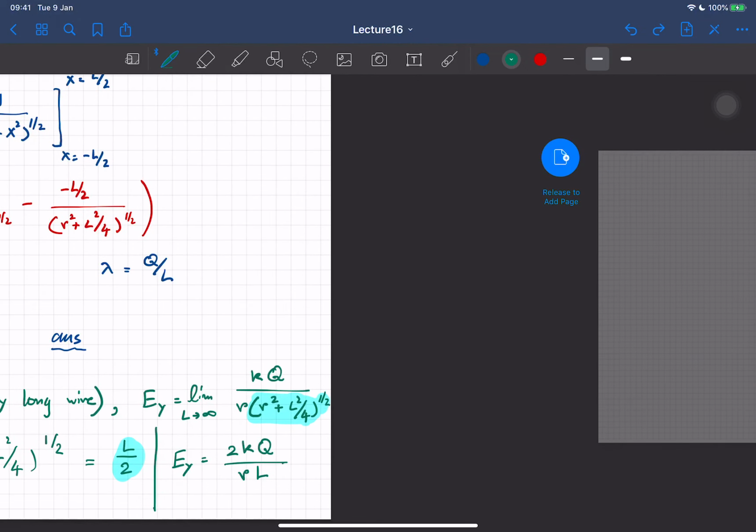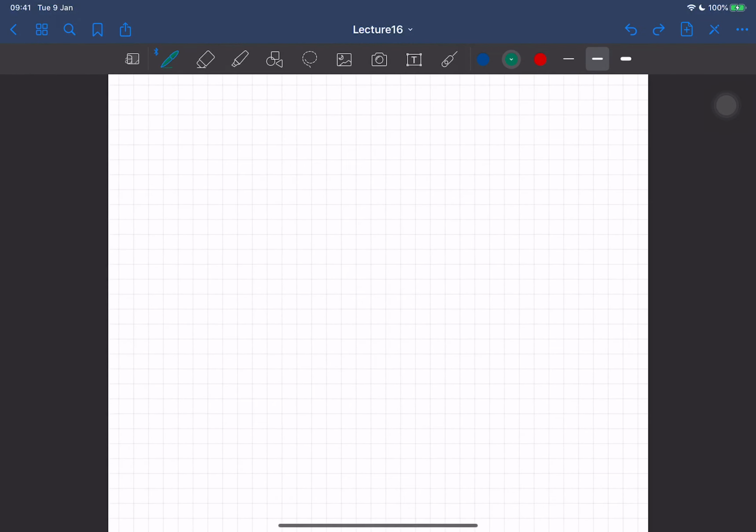So to summarize, we can say that for an infinite wire that has charge density lambda, the electric field in the y direction is given by 2k lambda divided by r.